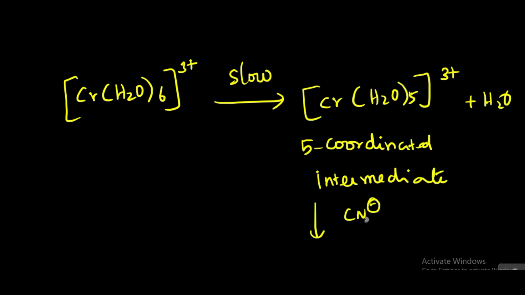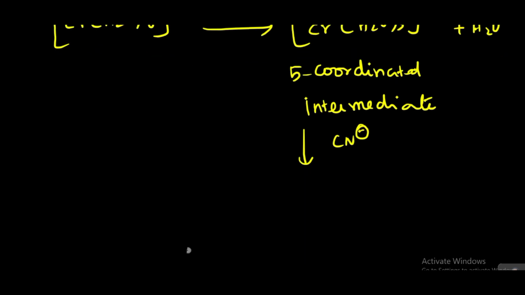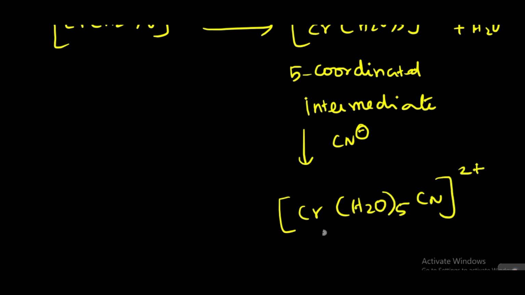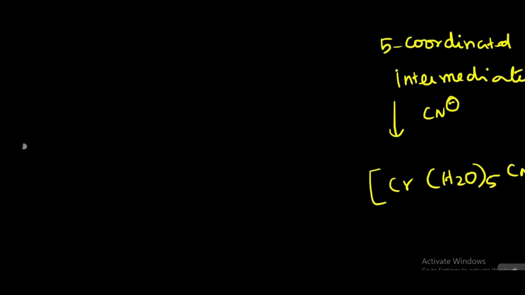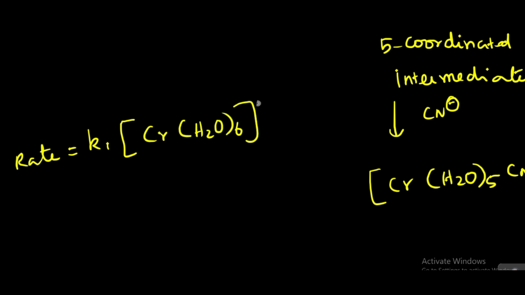Then if you introduce one CN minus ligand, what will happen? It will give [Cr(H2O)5CN]2+. Therefore, the rate of this entire reaction depends purely on the given hexaaqua chromium complex. So rate equals K1 [Cr(H2O)6]3+.